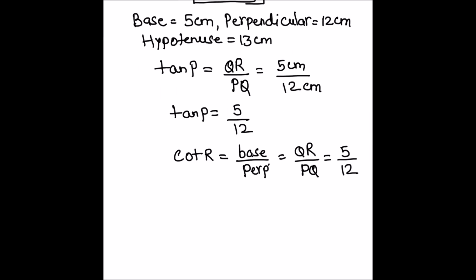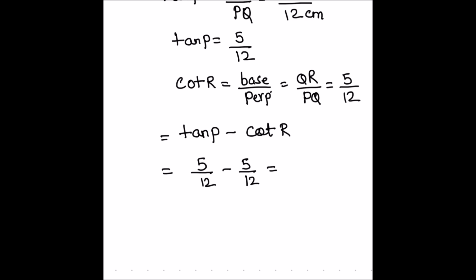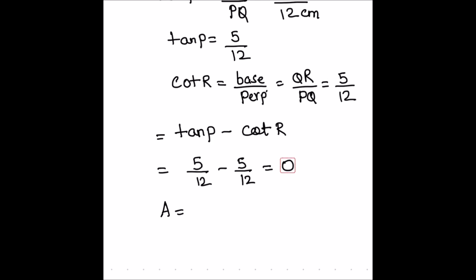Now we have TanP and Cot R. So let's find the value of TanP minus Cot R. Put in the values here. So 5 upon 12 minus 5 upon 12, which equals 0. Final answer will be TanP minus Cot R equals 0. This is our final answer.